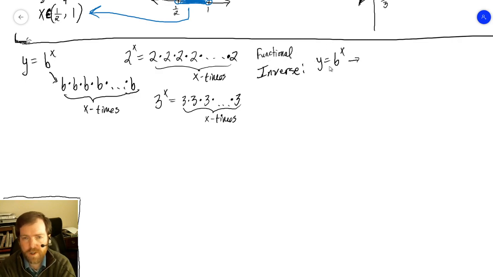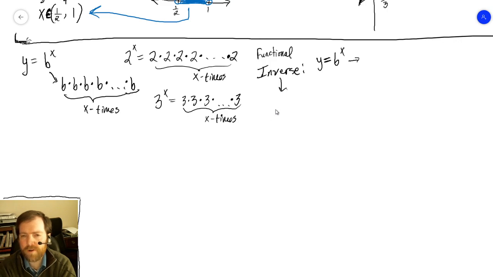is what happens when your variables, your x and your y, or inputs and outputs, whatever you're going to call them, end up getting switched. So instead of y being your output, y is then going to be your input.